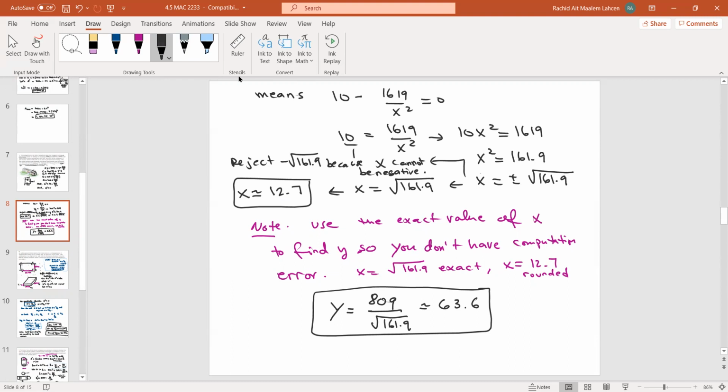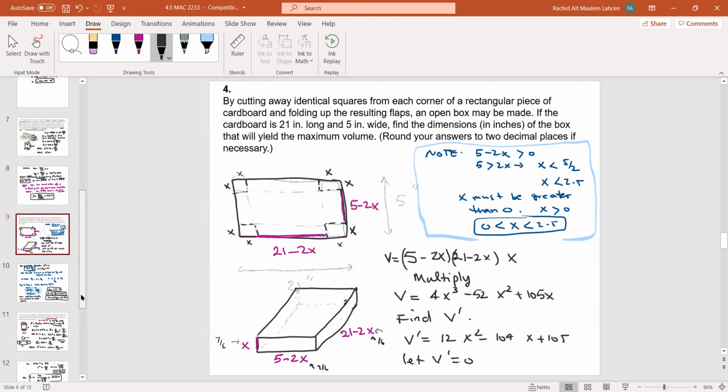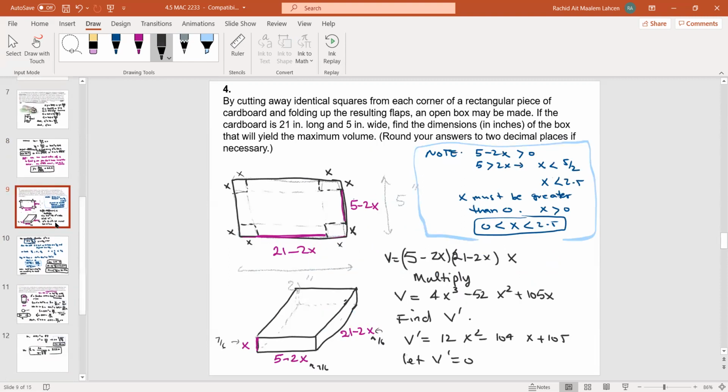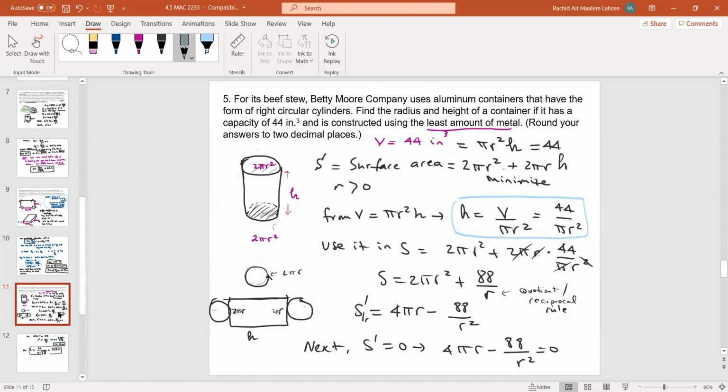So we use the positive one and use its exact value to find the Y. And similarly for these, the traditional box example, but here based on how it's built, it builds in a restriction for X. And that restriction for X is the one that decides which one you have to pick, right? There was this answer and this answer, but we picked that one based on that note and restriction.